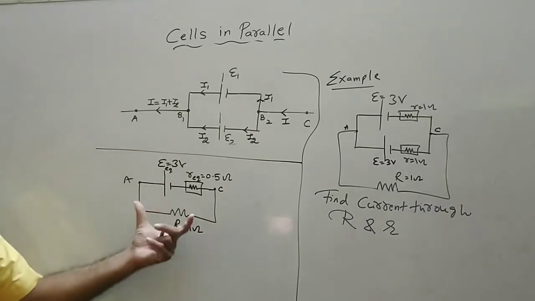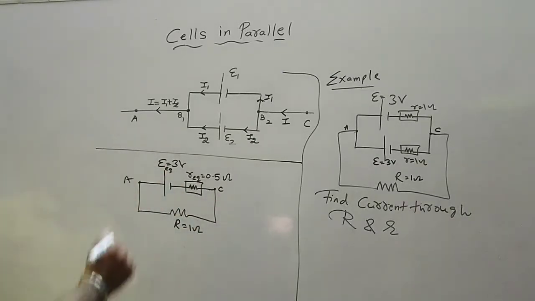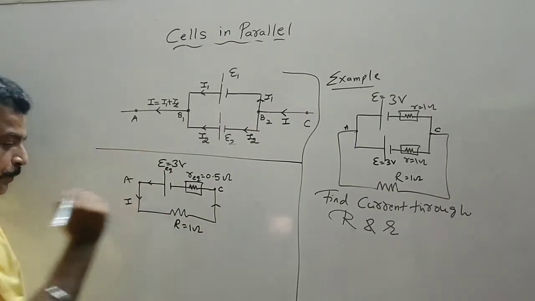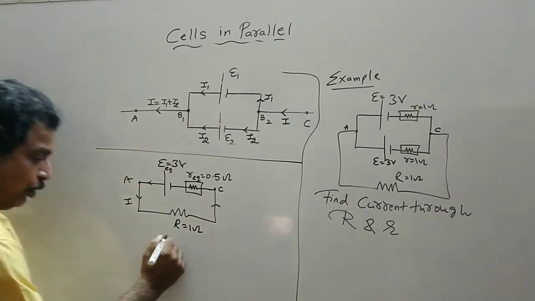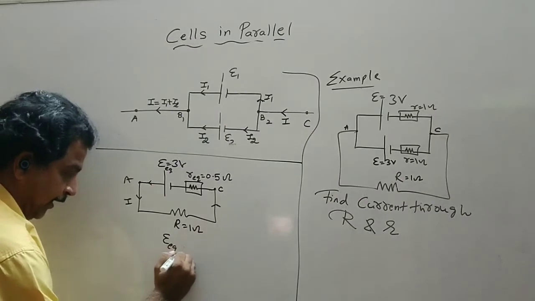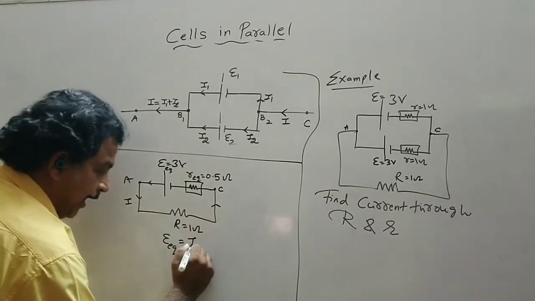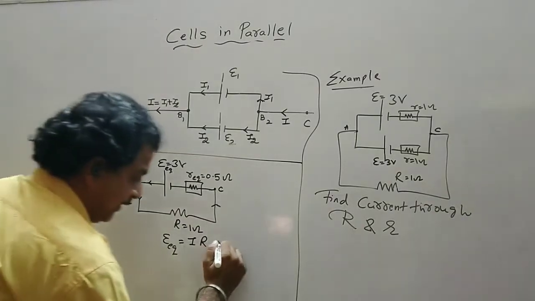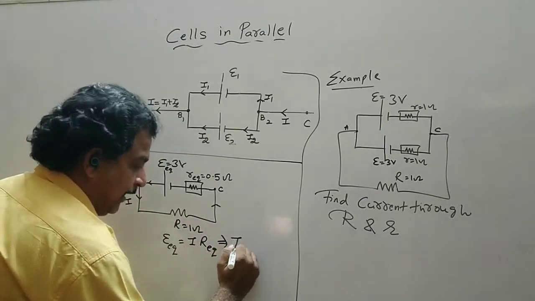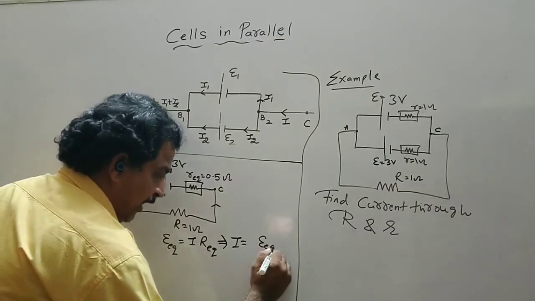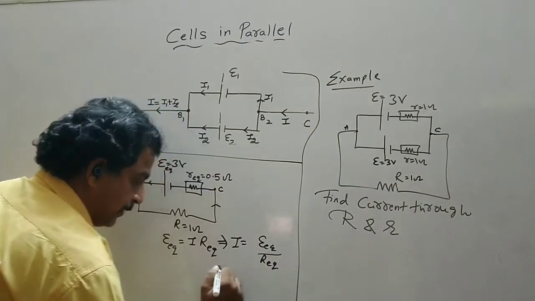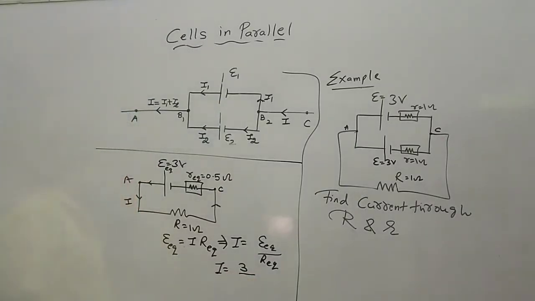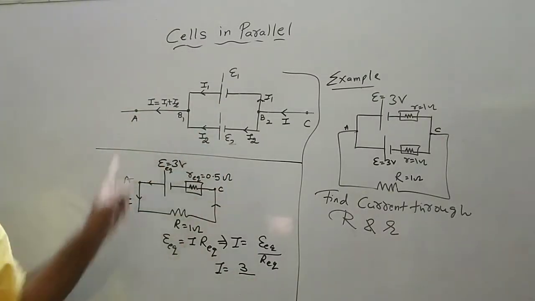Now I can apply directly Ohm's law if I say the total current is I in the circuit. So according to Ohm's law, E equivalent is equal to I R equivalent. This implies I is equal to E equivalent upon R equivalent. So I is equal to 3 upon R equivalent of entire circuit.